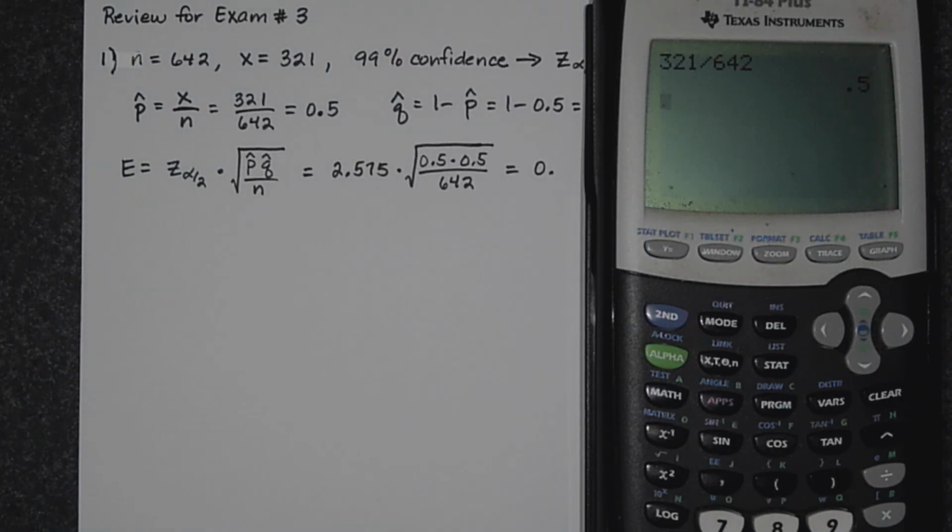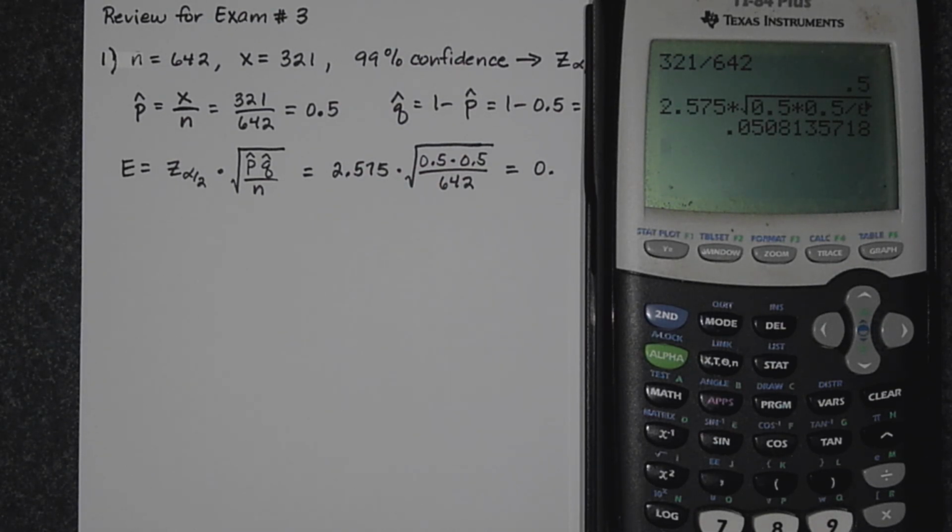So here's how we compute that. 2.575 times, and then the second function x squared for the square root, 0.5 times 0.5 divided by 642, and then hit enter.